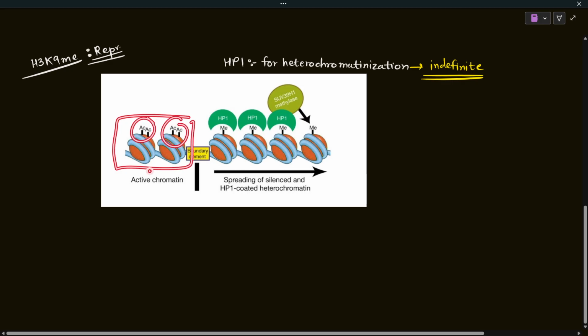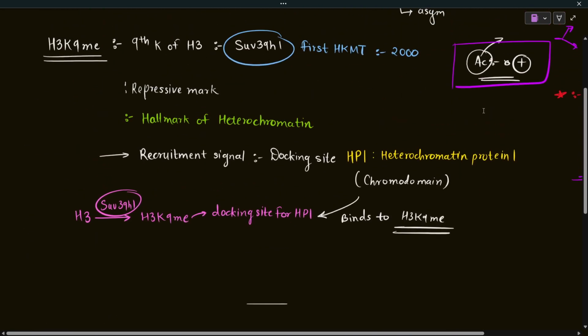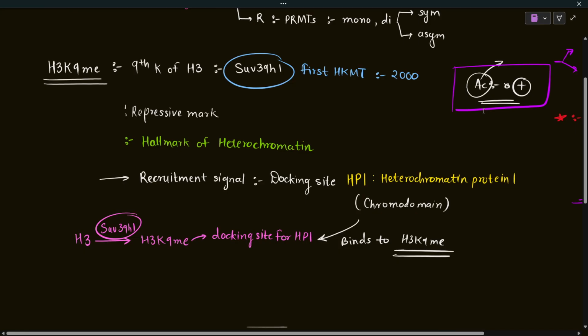Acetylation is an active mark, we have already learned about it. So till the boundary element, the SUV39H1 methylase can work, and that is why the boundary element defines the boundary between the heterochromatin as well as the active chromatin. So this is how H3K9 methylation is the repressive mark, and this is all about H3K9 methylation for today.